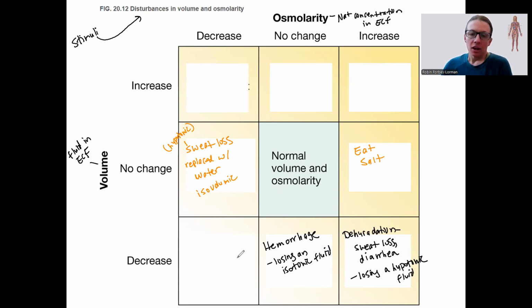Okay. Going over this way, another one is a little bit less intuitive, possibly. This could also be dehydration, but in this case we have dehydration followed by an incomplete compensation.